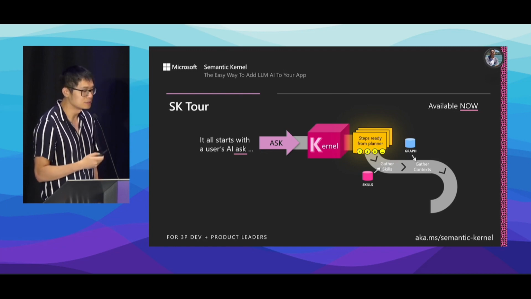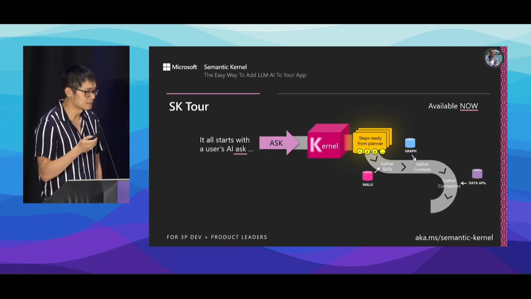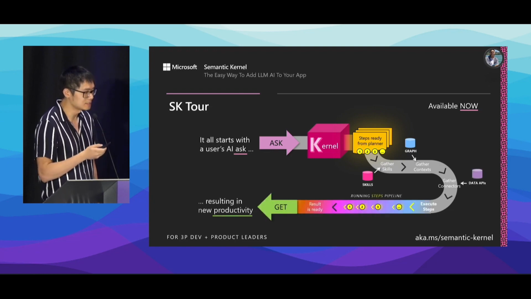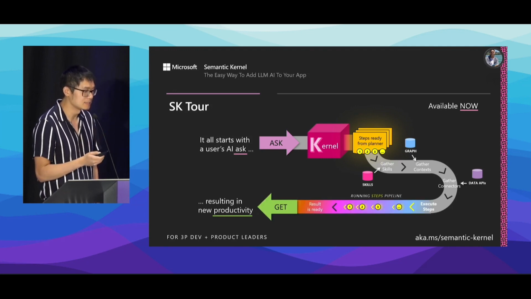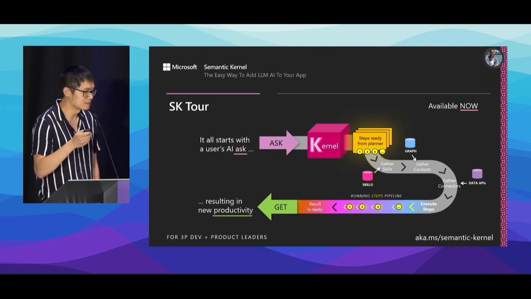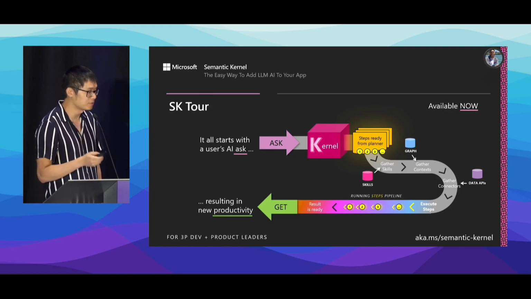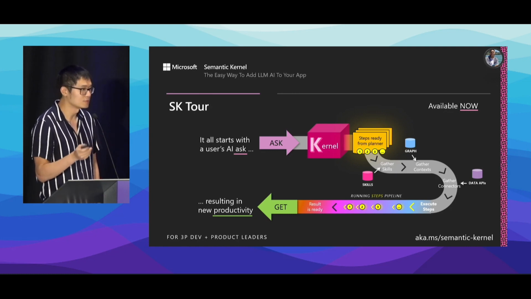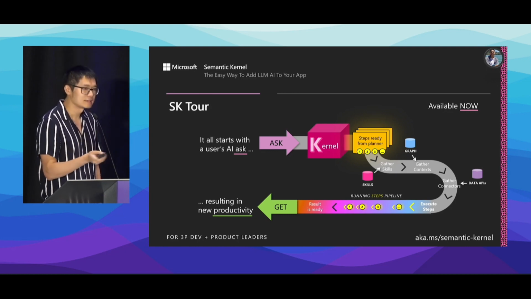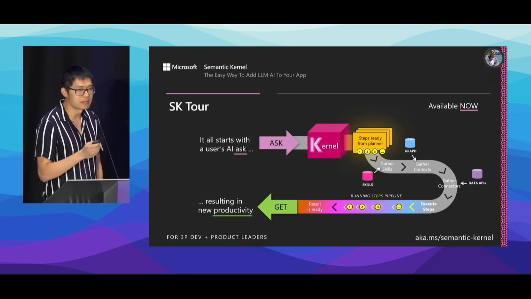Well, those connectors can come in as a plugin if you see fit. And even external data sources, external APIs. And with that, the kernel will do this orchestration for you to ultimately create that plan and allow you to run it in a pipeline.